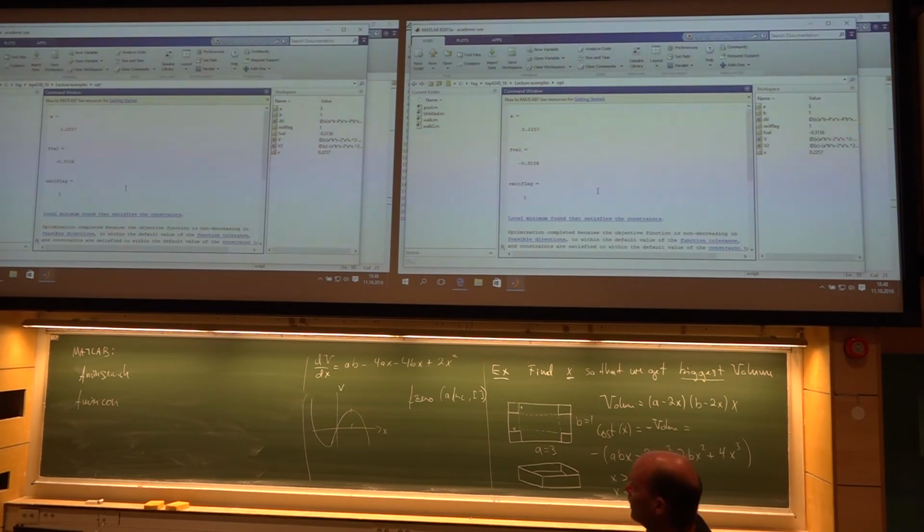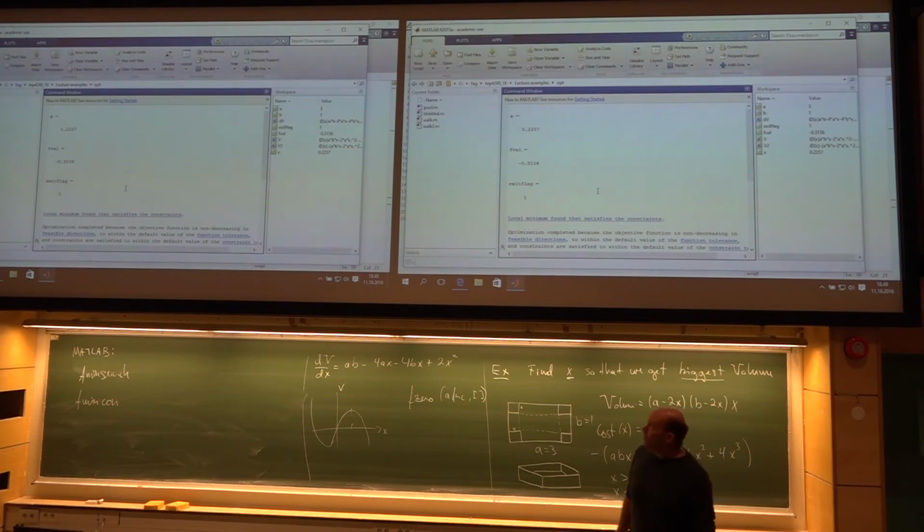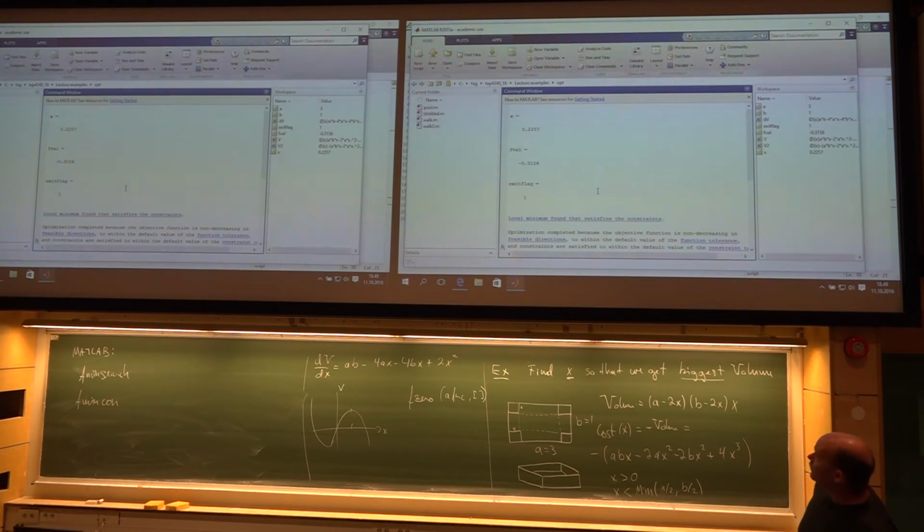The fval, that was the value of the cost function, which is my negative volume. So of course the volume is positive. So if I want to know what is the volume for the X I found, well, that should then be the negative of my fval. So the volume is 0.3 something. Exit flag is 1, yes.